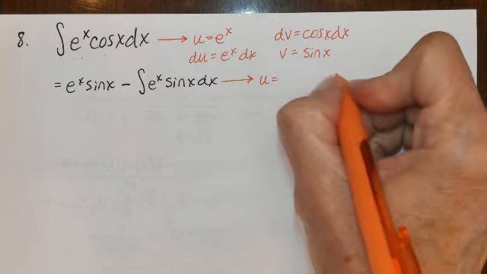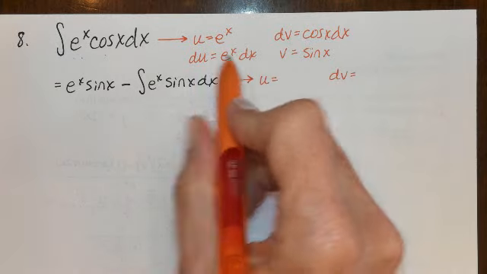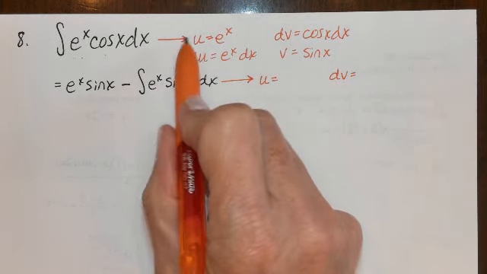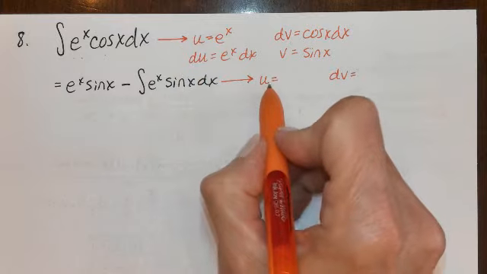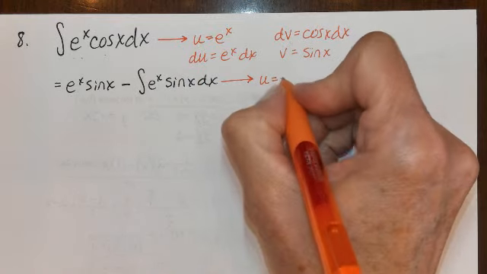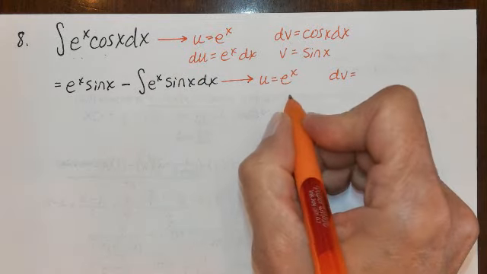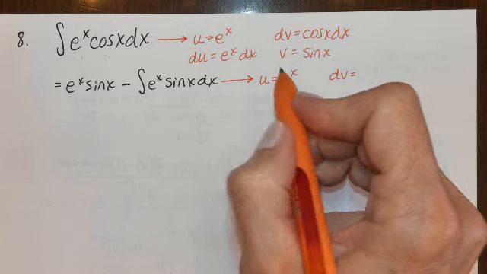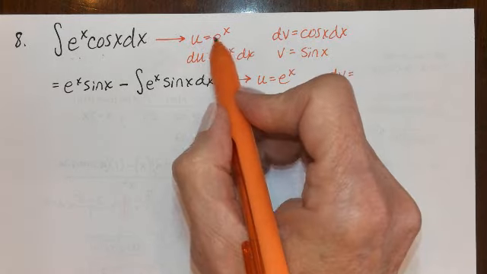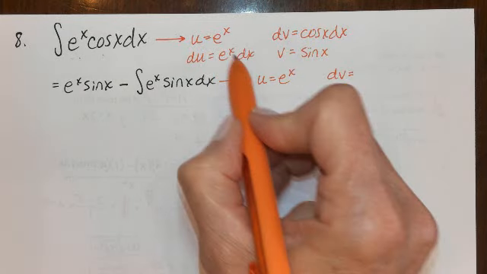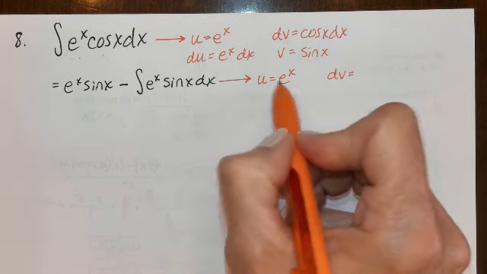Now this is important. If you let u be the e to the x up here, you need to let u be the e to the x down here as well. If you had let u be the cosine x here, then let u be the sine x here.